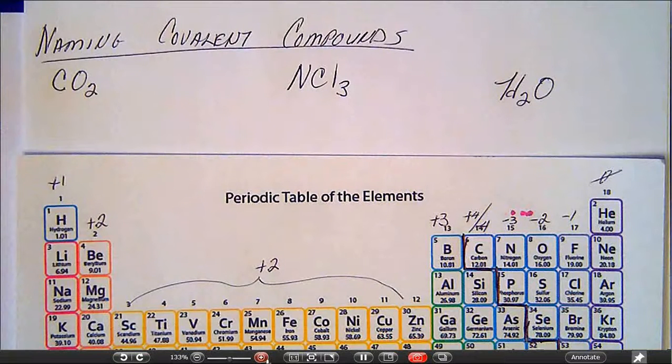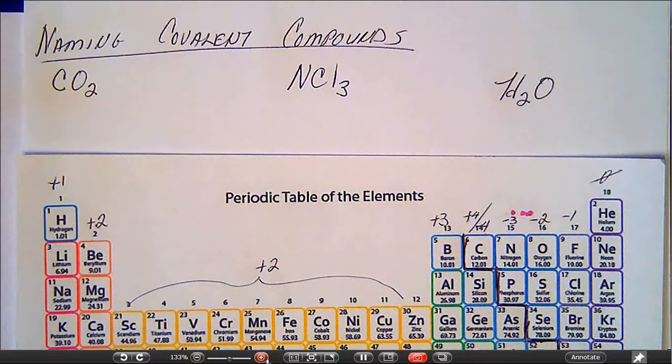Now that you've been introduced to the basics of ionic and covalent bonds, let's practice naming some compounds. We'll start with the covalent compounds because they're the easier of the two. Remember, you're not using charges or oxidation numbers, you're using prefixes. The first thing you need to do is to identify that you have a covalent bond.